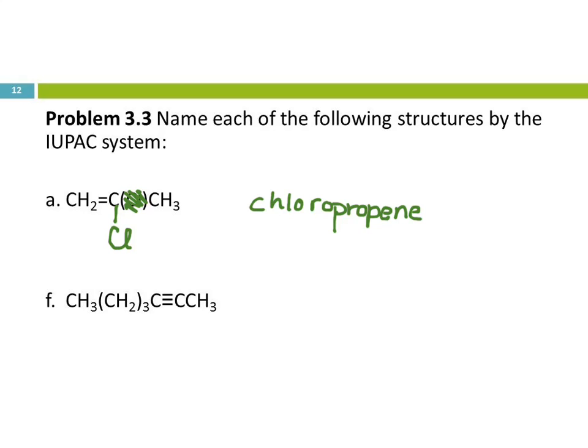Does the chloro need a number? It does. When we had methylpropene, we didn't need a number because putting the methyl group on the end would change the whole name of the thing. But moving the chlorine over here or over here it would still be propene. So what number are we going to give that? 2. So it's 2-chloropropene.